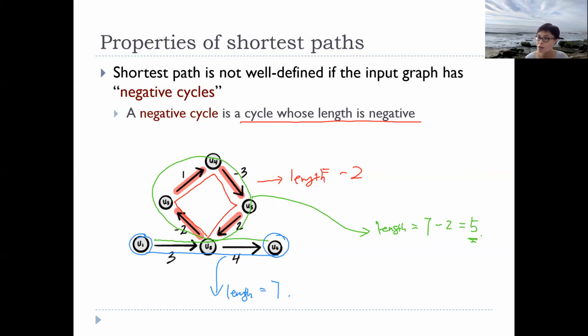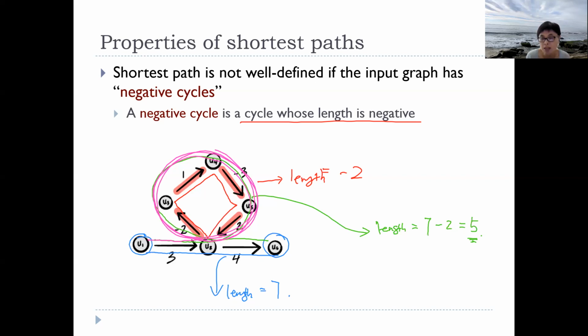But is the green one the shortest possible? Well, no, not necessarily, because I can come here and then repeatedly go through this negative cycle many, many times. Every time I go through this negative cycle, my total length is reduced by 2 because the length of the cycle is negative.